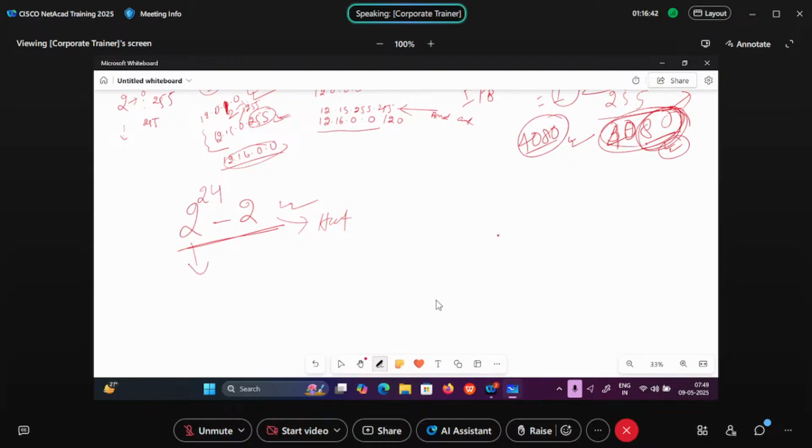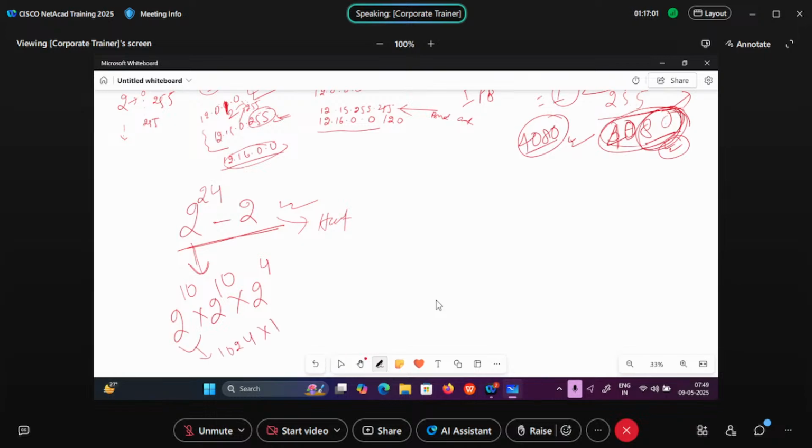Now just calculate these values in decimal equivalent and tell me the result. So 2 raised to the power 24. 2 raised to the power 10 into 2 raised to the power 10 and 2 raised to the power 4, right? So it will become 10, 10, 20 plus 4, that is 24.